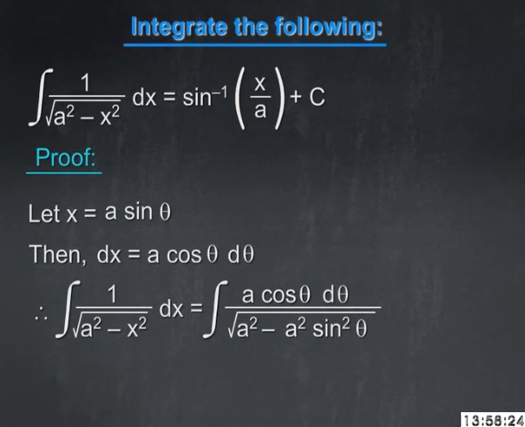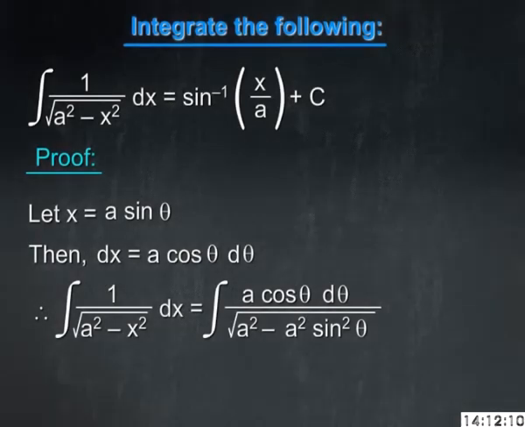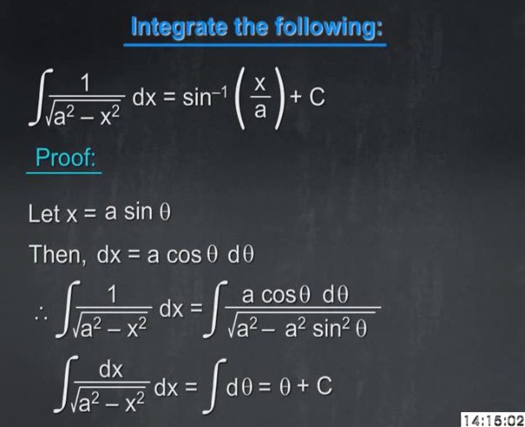Therefore, integral of 1 upon square root of a square minus x square with respect to x is equal to integral of a into cos theta upon square root of a square minus a square into sine square theta with respect to theta, that is further equal to integral of a cos theta upon square root of a square into 1 minus sine square theta with respect to theta, and that is equal to integral of a into cos theta upon square root of a square into cos square theta with respect to theta, because we know that cos square theta is equal to 1 minus sine square theta.